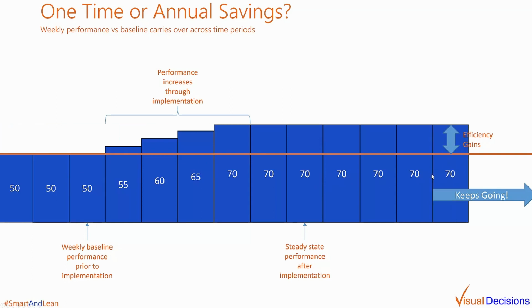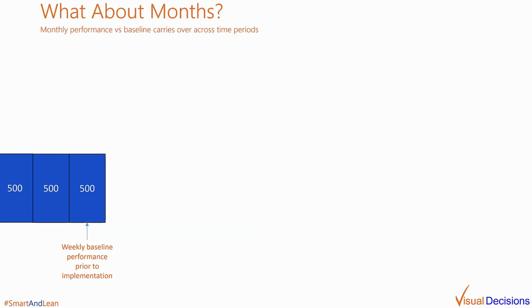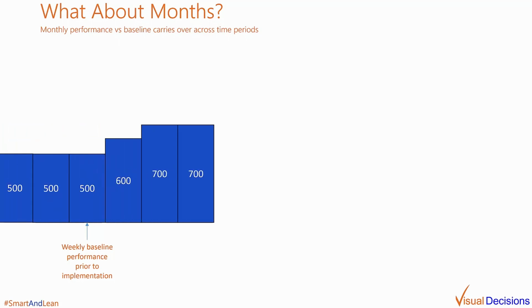And when we look at this on a monthly basis, it's the same thing. So on a monthly basis, let's say that we're getting 500 units per whatever time period out of production, and that's our baseline going into the implementation. And again, we have a 1 month plus implementation, and we get to 700 pieces.